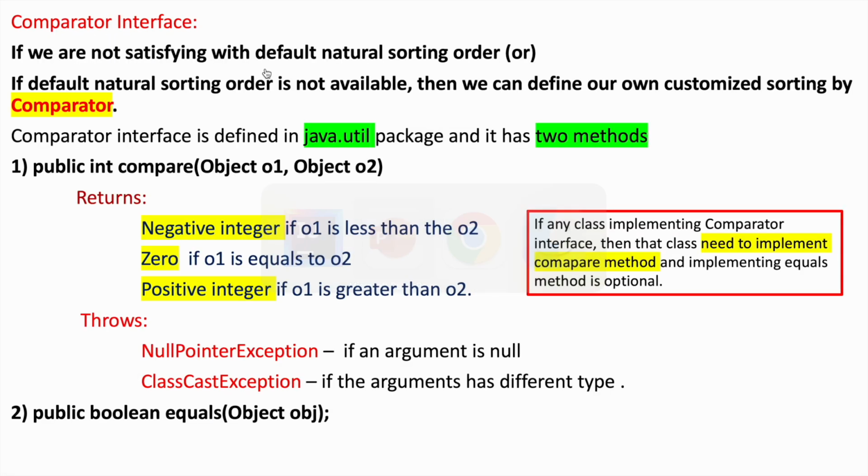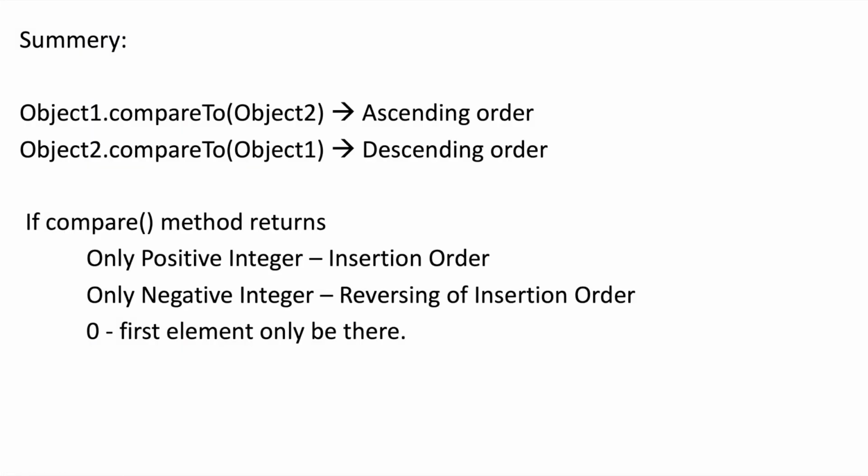Let us summarize what we have discussed so far. If you want to add the elements in ascending order using a comparator, we use object1 dot compareTo of object2. If you want descending order, we change it to object2 dot compareTo of object1. If you want your elements ordered according to the insertion order, this compare method needs to return only positive integers.